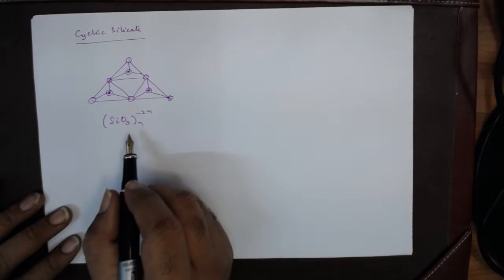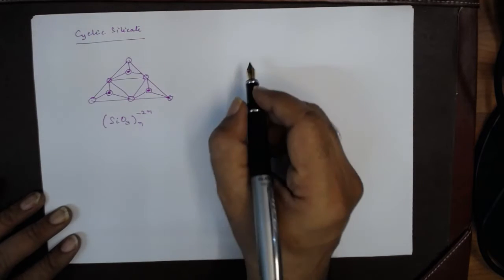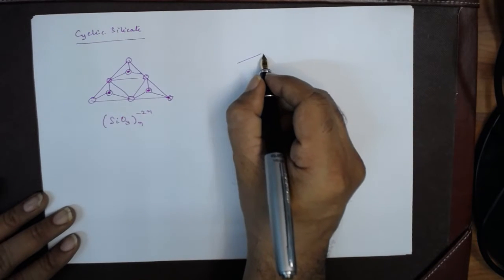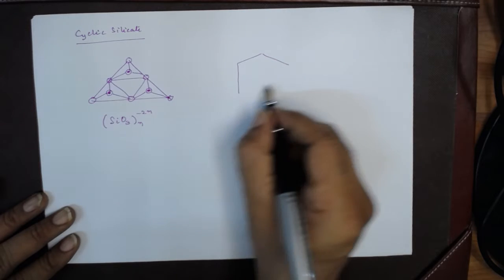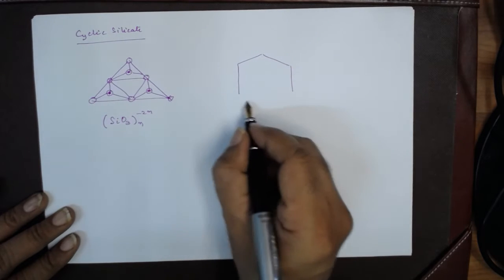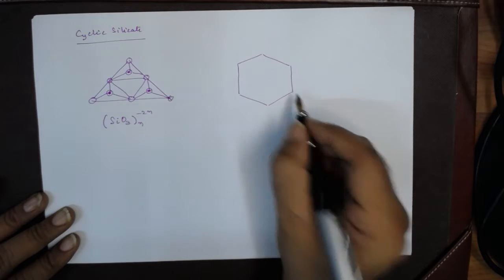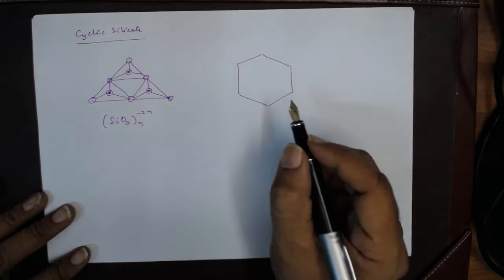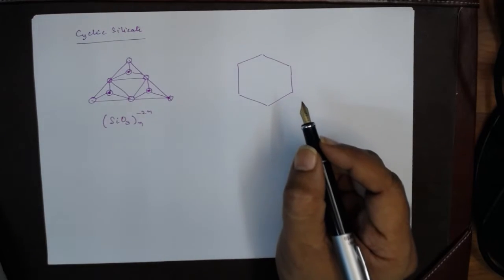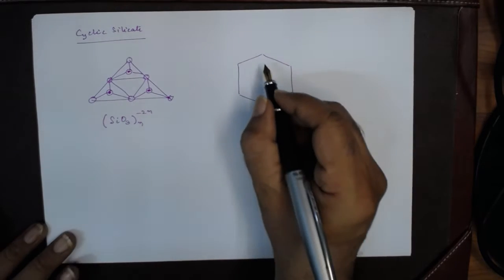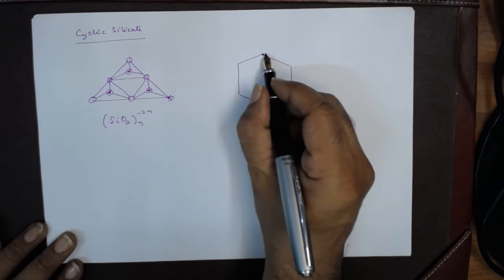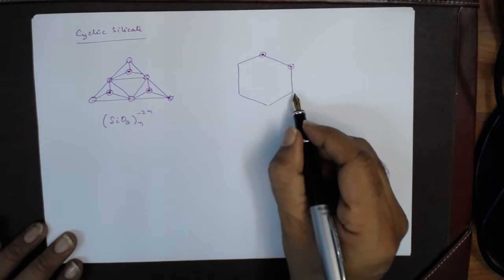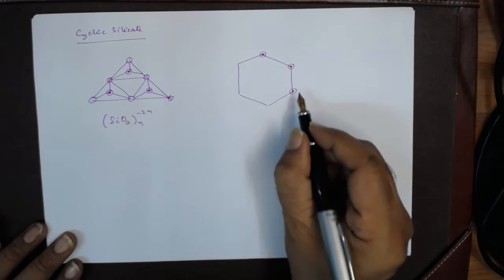Similarly, this cyclic can further be developed, and you can draw like this. Draw a hexagon, a benzene like structure. Okay, hexagon. And at each point put dot round, dot round, dot round.